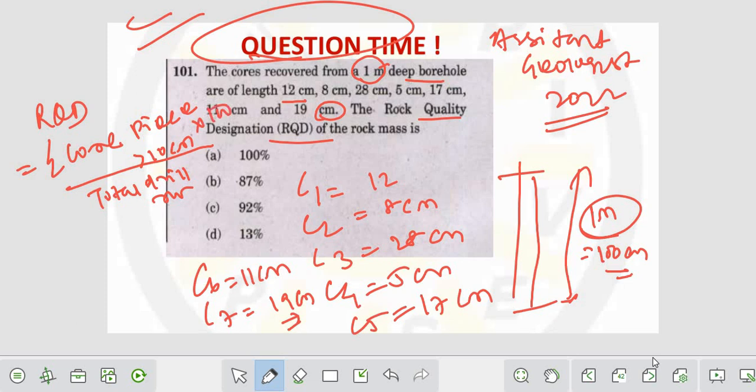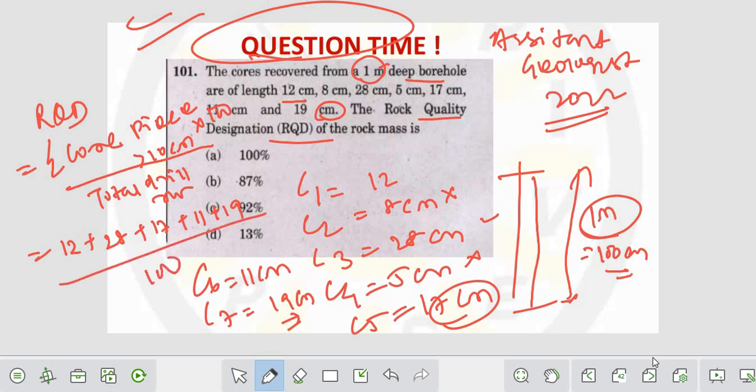into 100. Okay, so core pieces का लेंथ ये लोगे कितना होगा 12, 8 नहीं लोगे, है ना, 28 लोगे, 5 नहीं लोगे, है ना, less than 10, 17 लोगे, फिर 11, फिर 19, राइट?